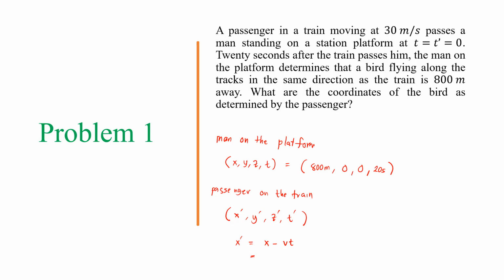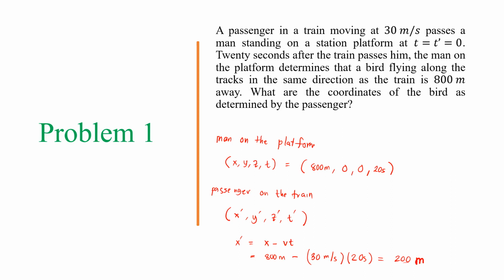So this is equal to 800 meters minus the speed of the train, which is 30 meters per second, multiplied by the time, which is 20 seconds. So this is 600 meters. So we have 200 meters.